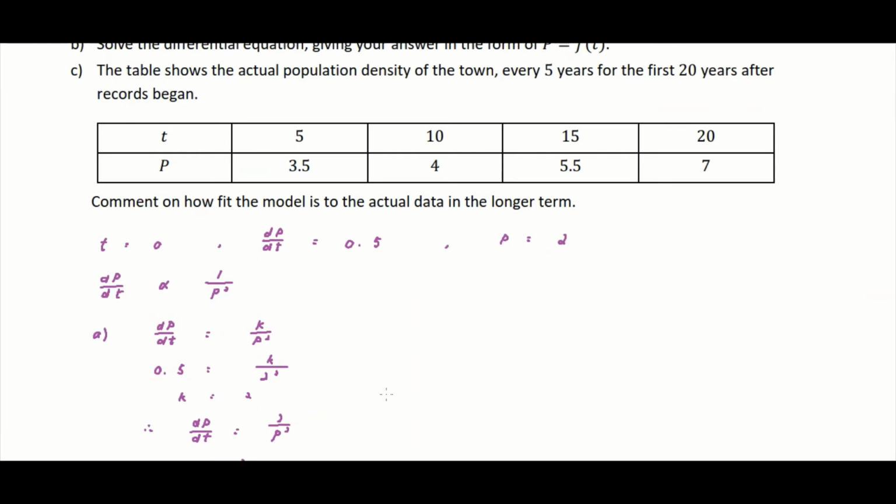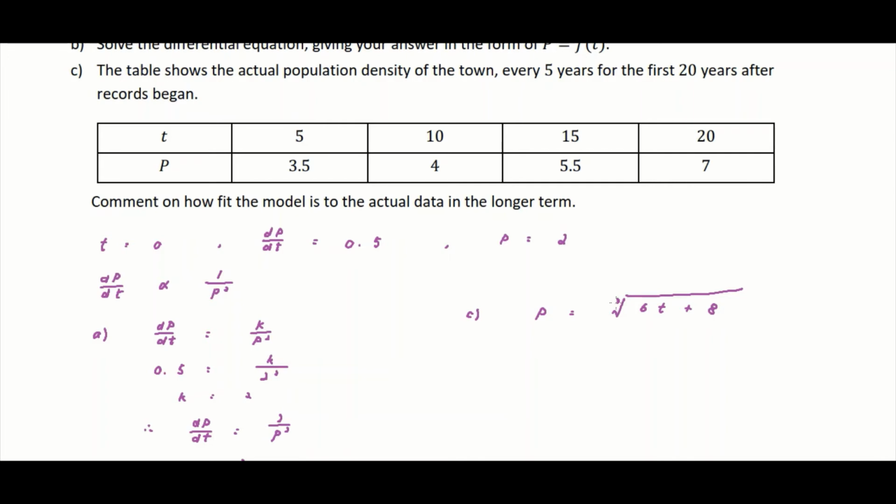Comment on how well the model fits the actual data in the longer term. This is the table giving you the actual population for every 5 years for the first 20 years. From B, we already have our model, which is P equals the cube root of 6t plus 8.